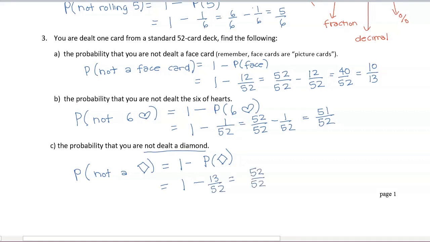And one more time with the arithmetic: 1 whole becomes 52/52 minus 13/52. This will be 39/52, which equals 3/4, or 0.75, or 75%. And that is our introduction to complementary events.